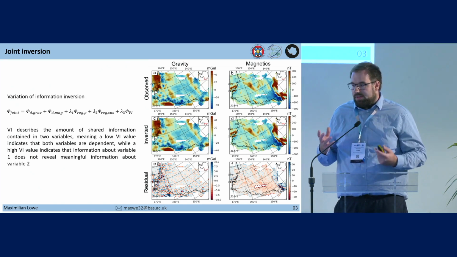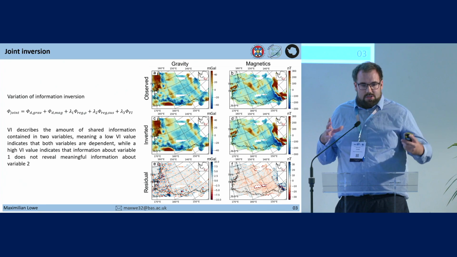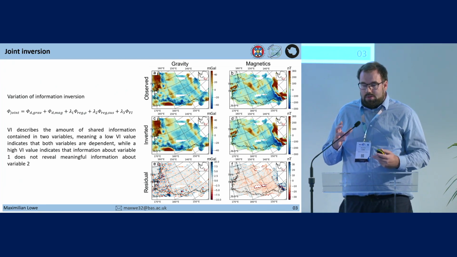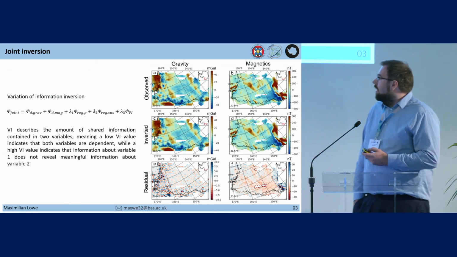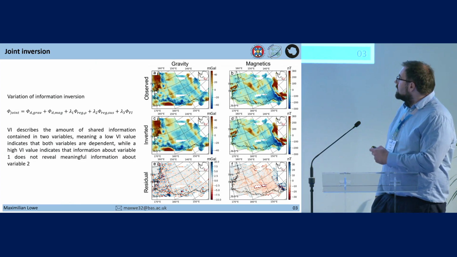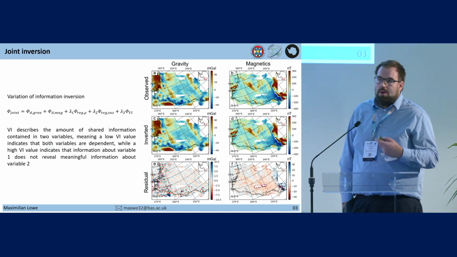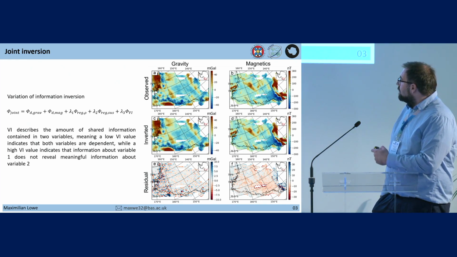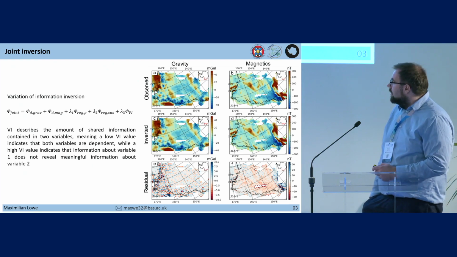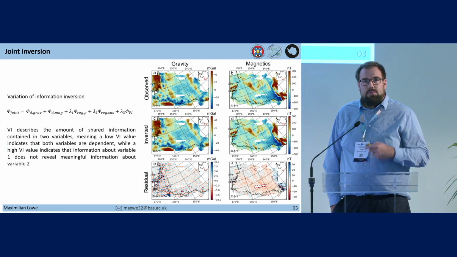With the joint inversion, we invert a three-dimensional distribution of density and susceptibility in the crust, then calculate the model response and compare it to the observed values. That's what we see in the second panel, and down here we see the misfit between them.